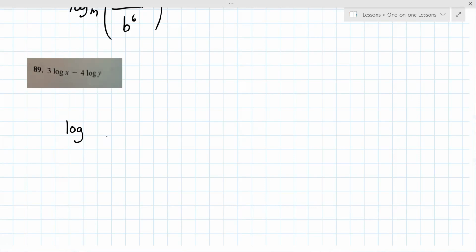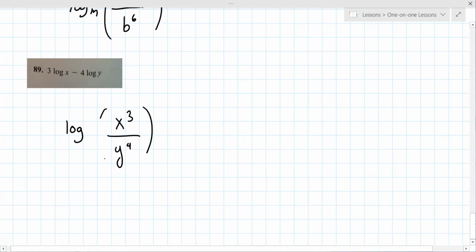I got log x cubed over y fourth. Yep, it's x cubed over y to the 4th, exactly. Now, when the base isn't written, the base is 10. You don't have to write it, but you could write it if you wanted. Both are considered correct.